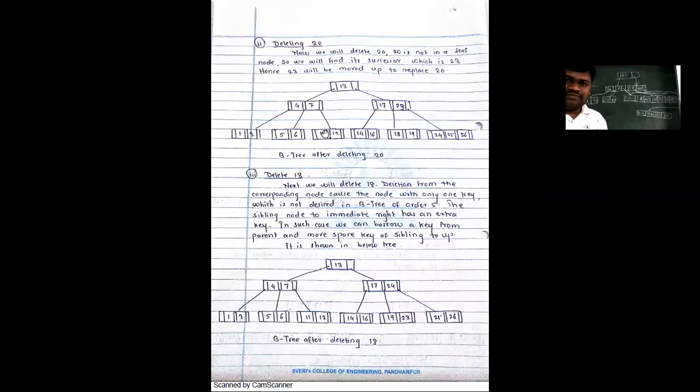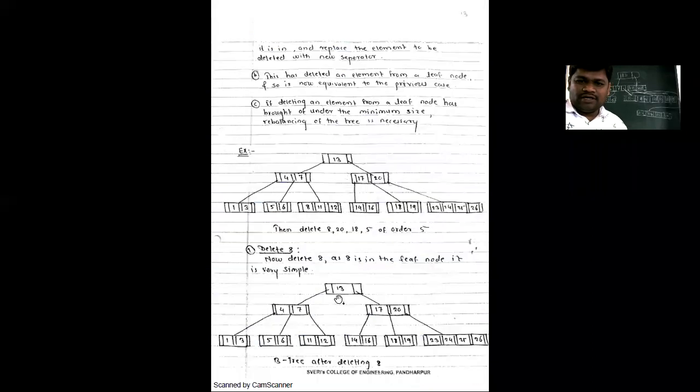Now the next condition. I want to delete 20. Can we delete 20? Where is 20? After deletion of this one, in this tree I want to delete the next, 20.